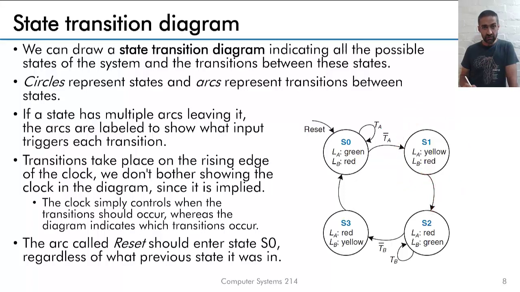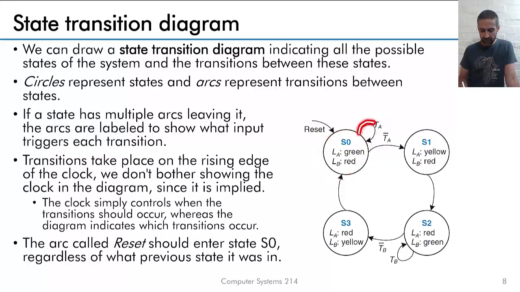Now importantly, look here, there's just the one transition, and this transition does not have any requirements. It doesn't say TA must be 0, TA must be 1, TA must be whatever. This transition just happens, which means regardless of the inputs, regardless of anything, this state transition will happen. Just jump back real quick, I forgot to say something. If you leave this out, it's also implied that it'll stay in the state.